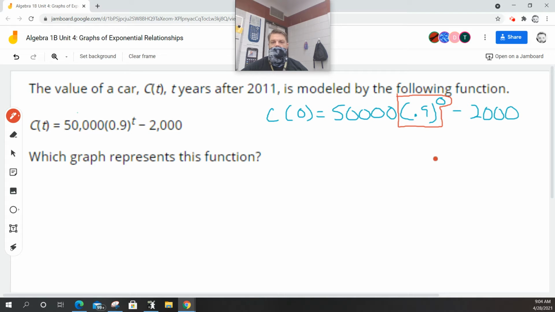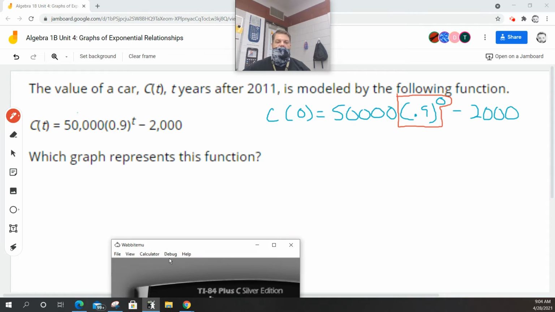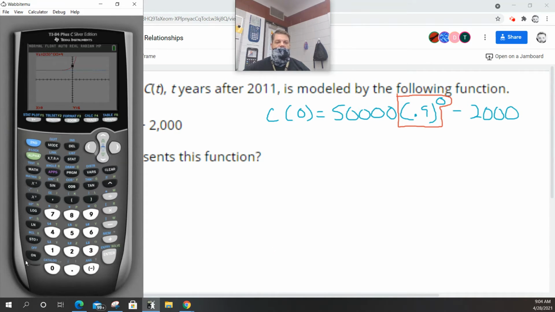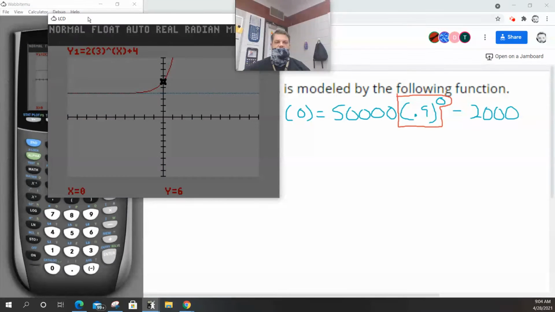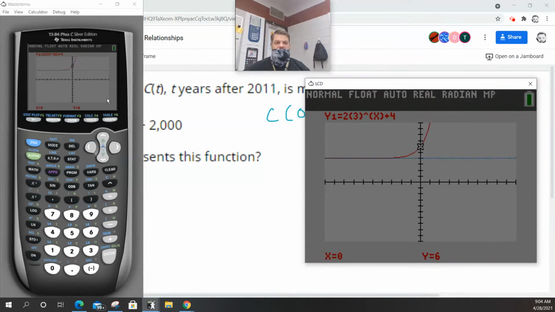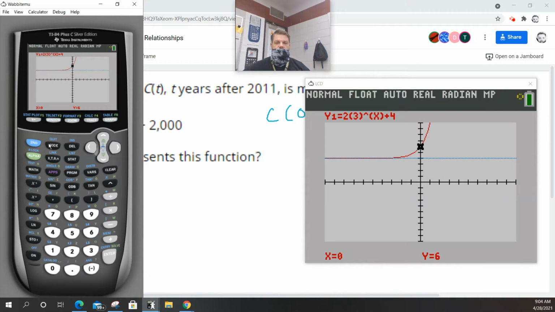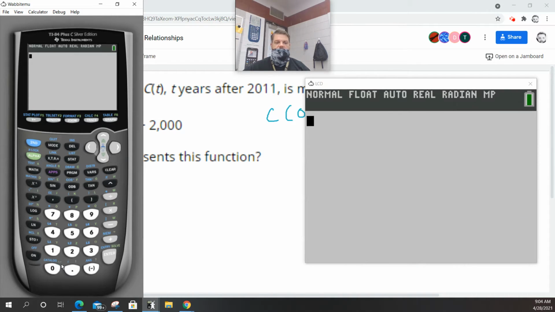No? Let's plug it in our calculators. Turn your calculators on. I'm surprised. We've gone over this so many times. I just want you to do 0.9 raised to the 0.